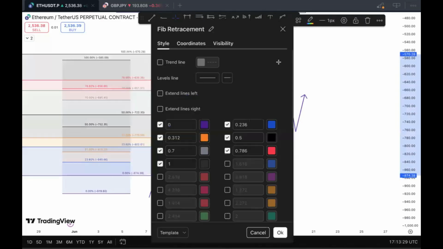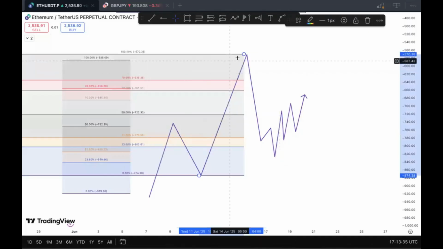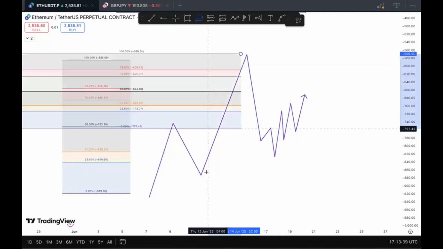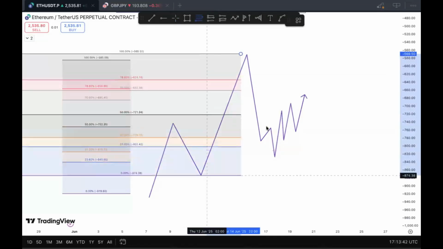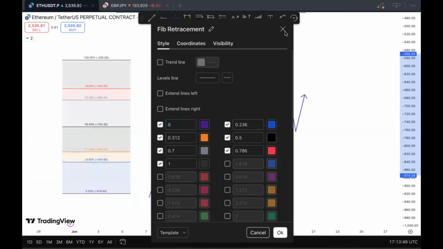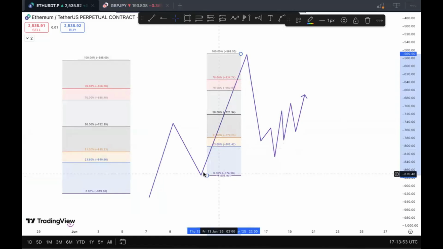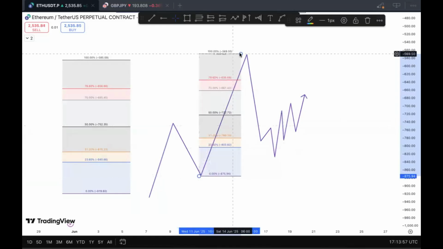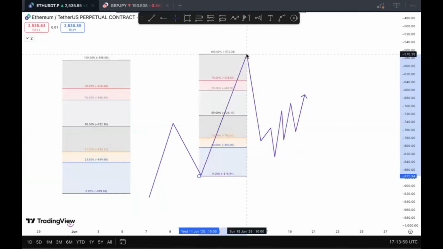So always place your Fibonacci from the high down to the low, not the low to the high.